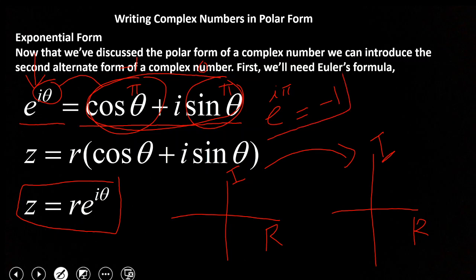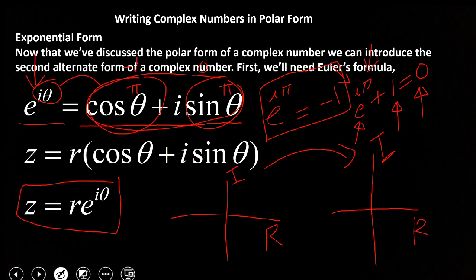That is also very famous. And if you move the 1 to the other side, you get e to the i pi plus 1 equals 0. 5 important constants in mathematics are right here. See?